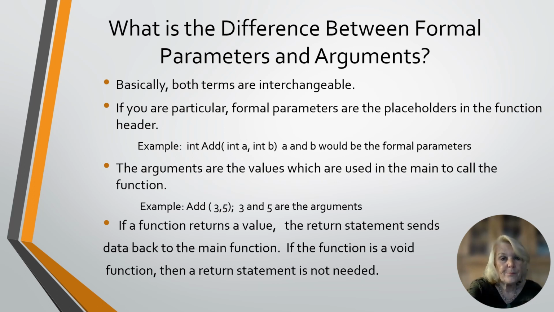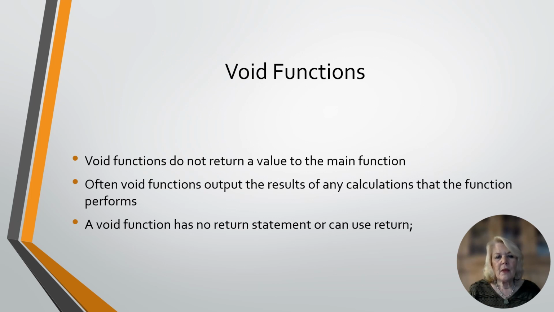A little bit more about void functions. In the function prototype, you need to have void as the return type, and then you have the name and then any arguments, or if there aren't any arguments, you could just leave the parentheses blank, or you can put void there.